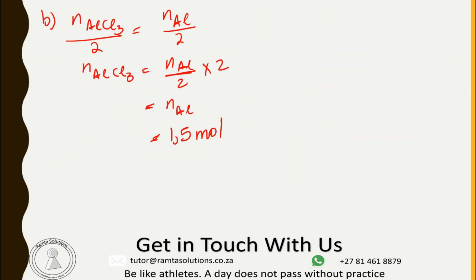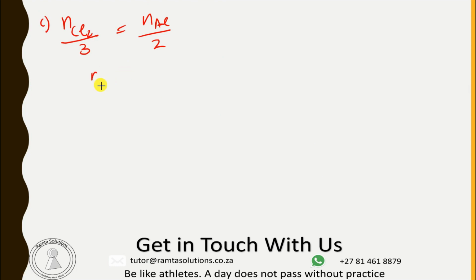Perfect. So, number of moles of chlorine is equal to number of moles of aluminum over 2 multiplied by 3. What is the number of moles of aluminum that we have? 1.5 over 2 multiplied by 3.